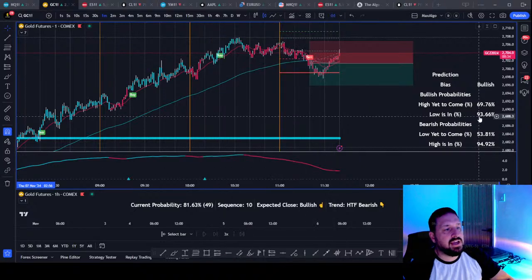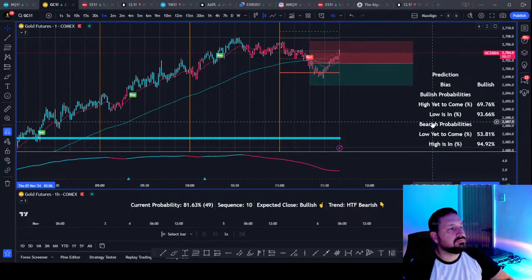We still have a 93%, a 94% if we are bearish, that we expect another low. Interesting.